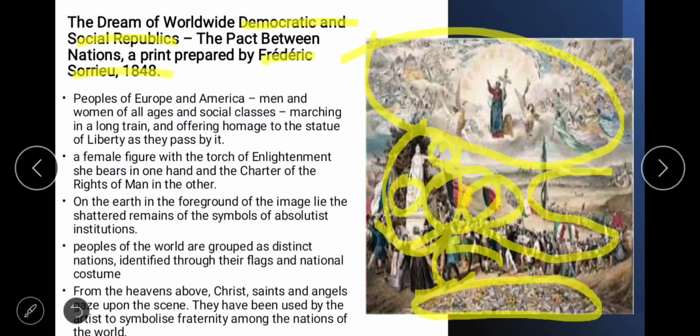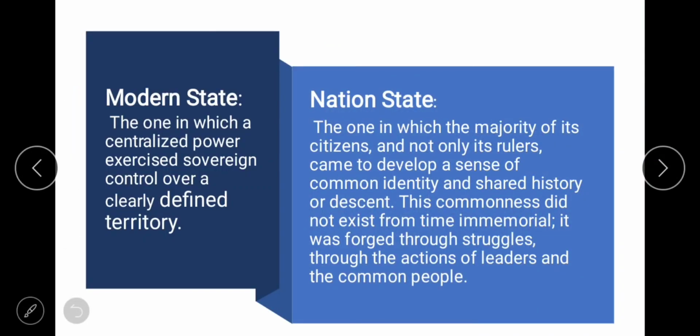We'll also see one important point: how these changes shifted people from adopting a modern state to a nation state. What do modern state and nation state mean?